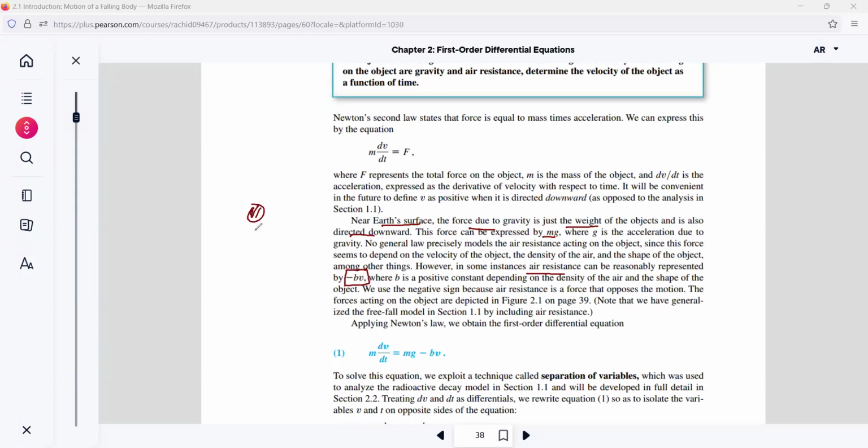So if you have an object falling, and if we put mg this way, then if we represent this resistance with some coefficient or some number that has to do with this resistance, it's going to be negative b times the velocity v. Okay, and b here is a positive constant that depends on the density of the air and the shape of the object.